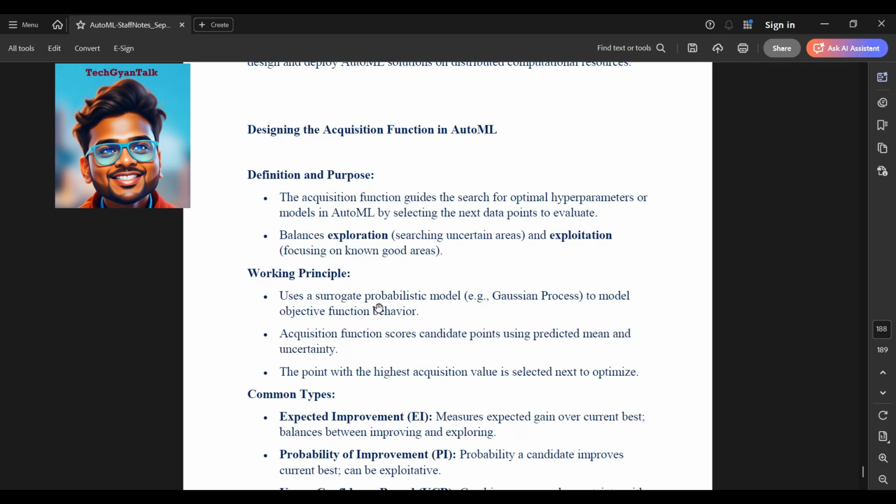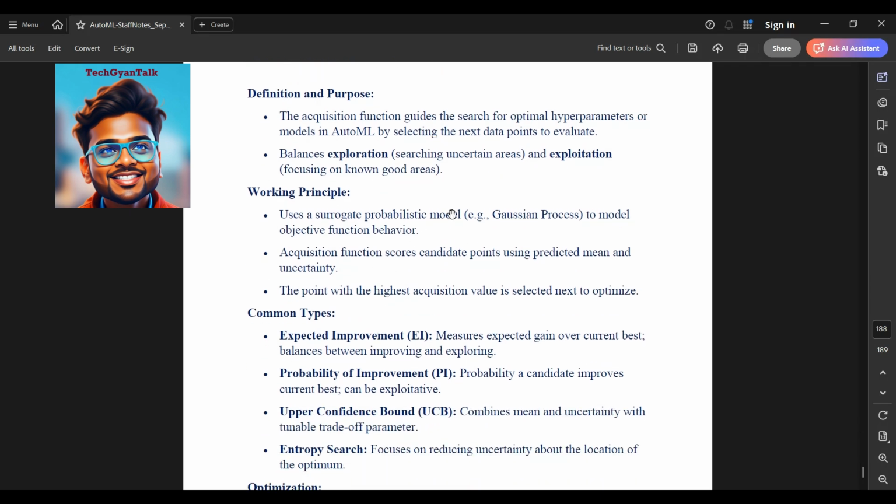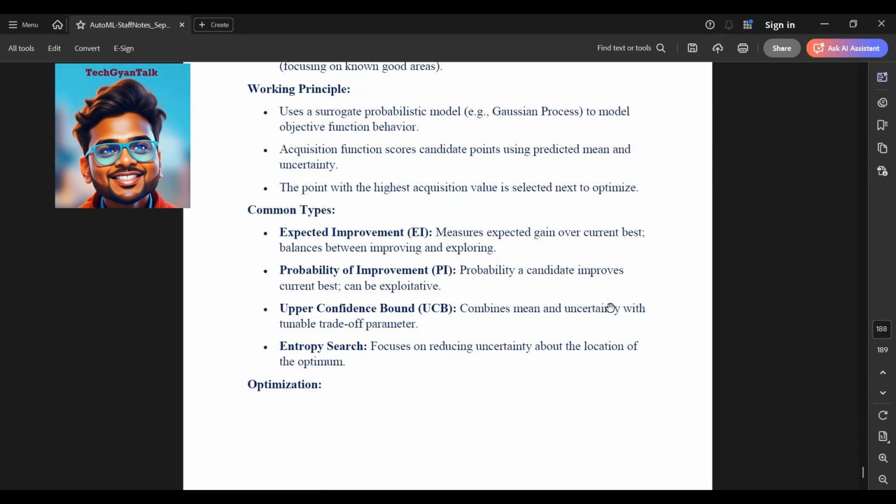Working principles: it uses a surrogate probabilistic model, for example a Gaussian process, to model objective function behavior. The acquisition function scores candidate points using the predicted mean and uncertainty. The point with the highest acquisition value is selected next to be evaluated. Common types are expected improvement EI, probability of improvement PI, upper confidence bound UCB, and entropy search.